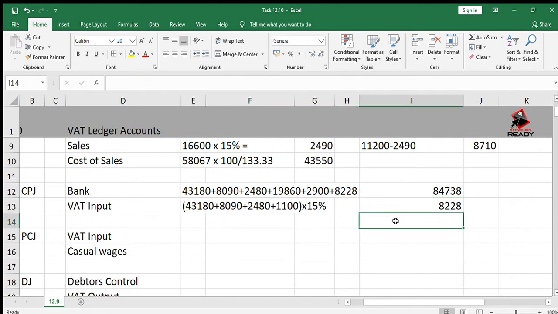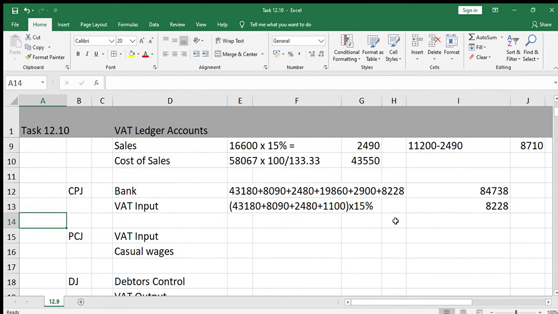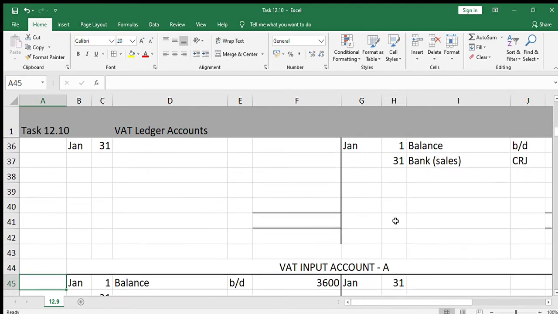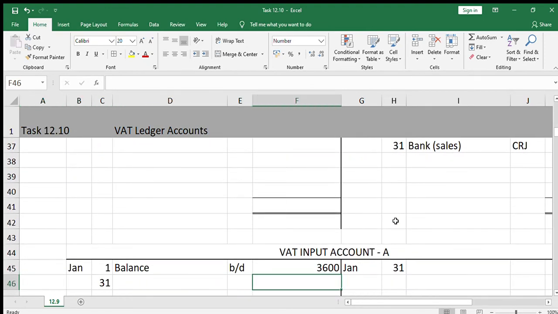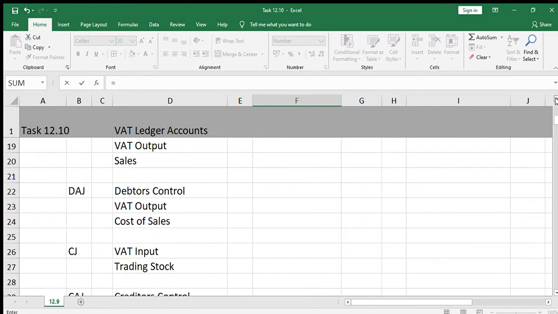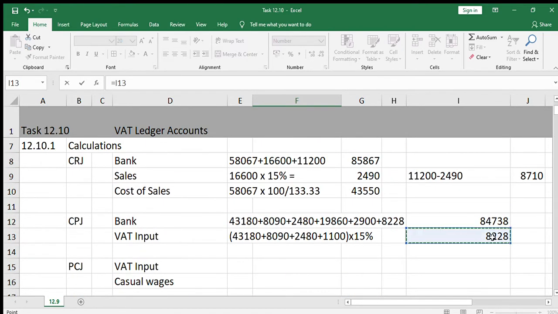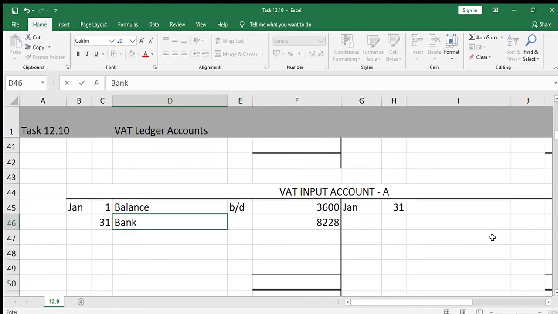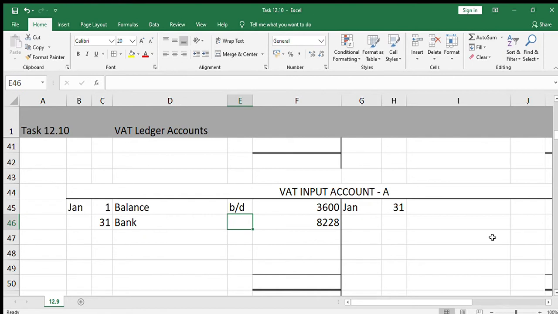Now the only figure we're interested in is the VAT input, which is 8,228. And we're going to take that to our VAT input account on the debit side. For our details we'll put bank. These are various things we've purchased, so I'll just put bank without any further details.